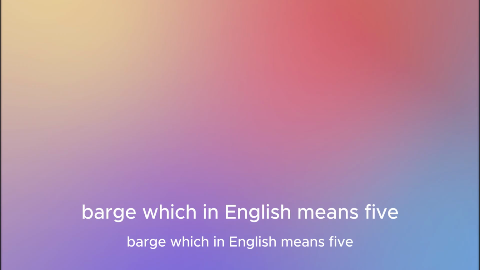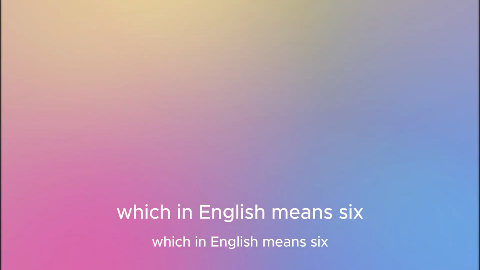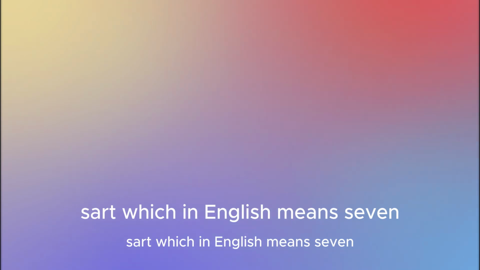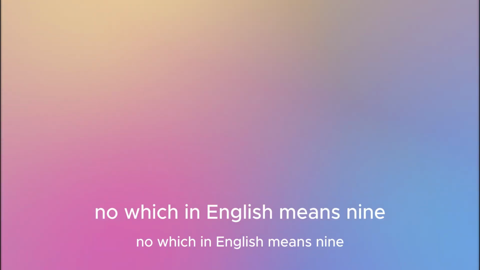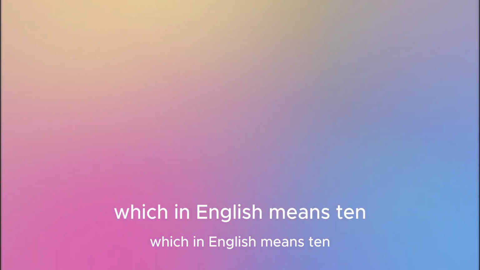Paanch, which in English means 5. Chhe, which in English means 6. Saat, which in English means 7. Aath, which in English means 8. Nau, which in English means 9. Das, which in English means 10.